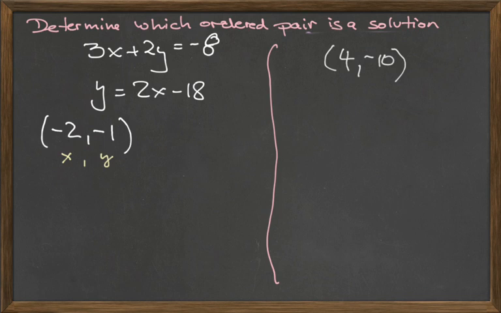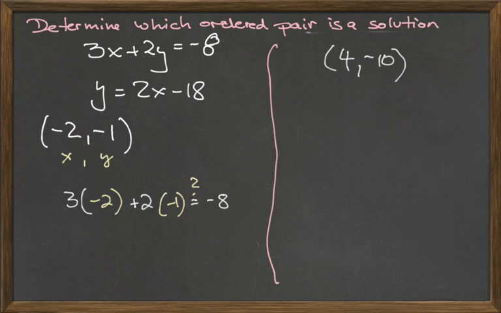So let's look at the first one. We have 3 times -2 plus 2 times -1. Is that -8? I always put a little question mark here.